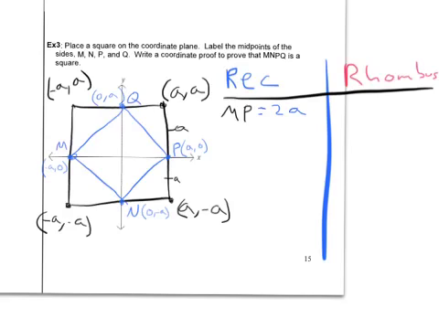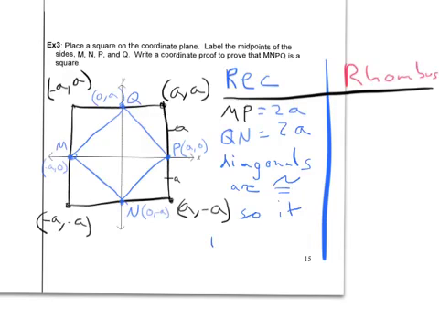The other diagonal is QN, and we're going to see that it's the same thing. Look, if this coordinate is 0, positive A, and this is 0, negative A, that means that we went up A and down A. So A and A, another 2A. So we could say the diagonals are congruent because they both equal 2A. So it is a rectangle.